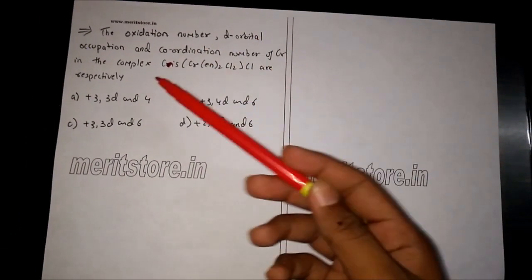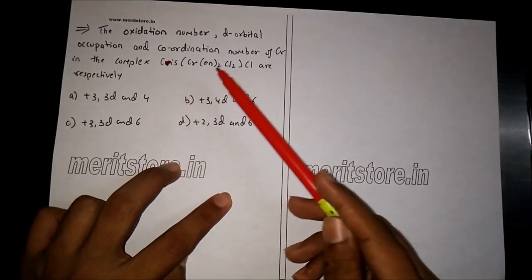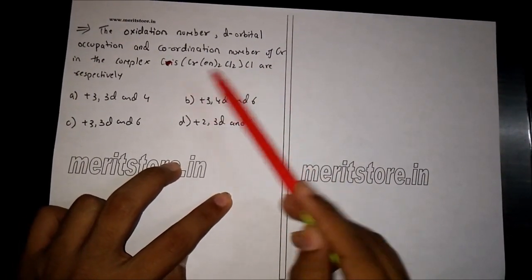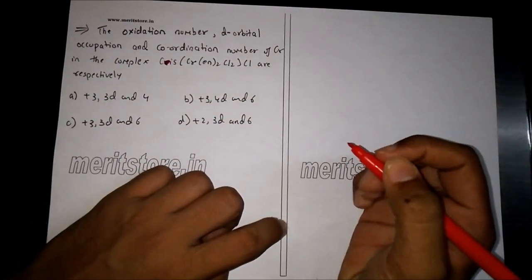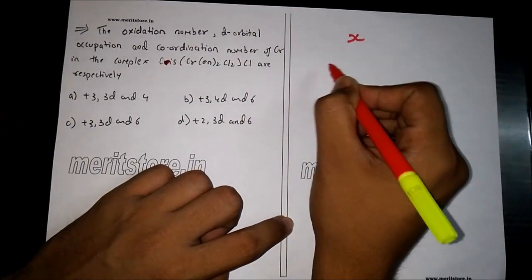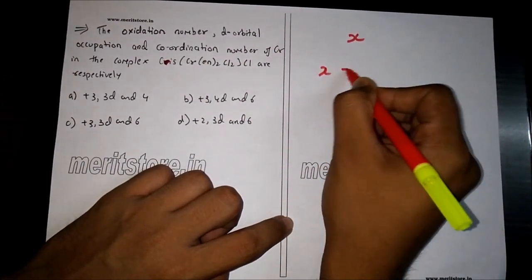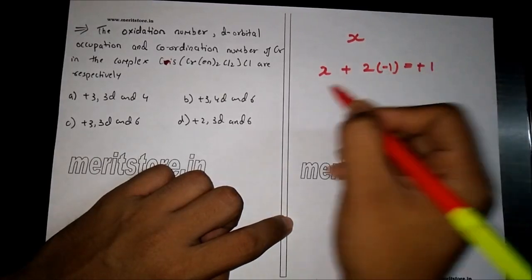Oxidation number, d orbital occupation, and coordination number of chromium in the complex cis-[Cr(en)2Cl2]Cl are, respectively. Here are the options. Now let's find the oxidation number first. Let the oxidation state of Cr here be X. Therefore, X plus 2 into -1 is equal to +1.